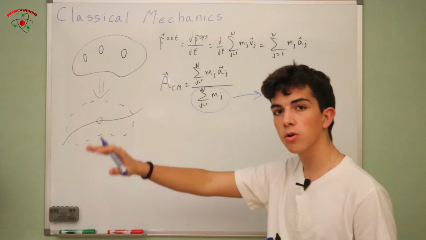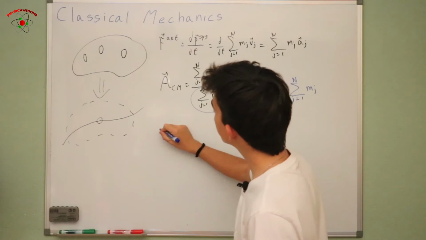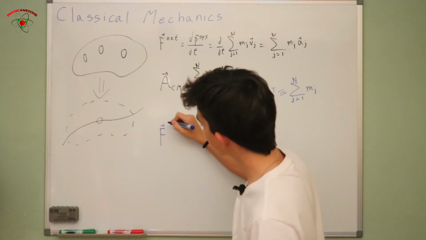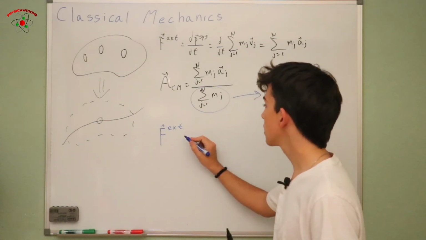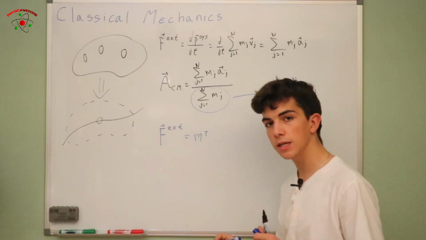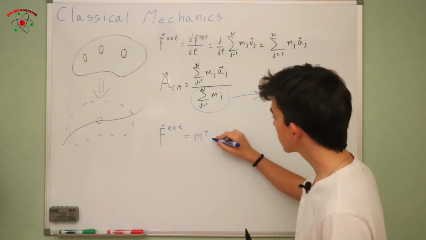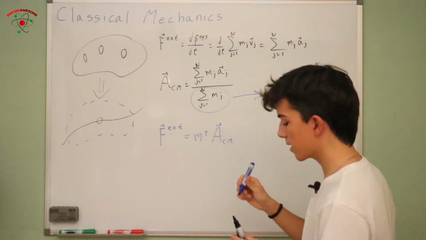And we see that we have arrived to a final expression. All the work we have done has taken us here, and we see that the external force applied on our system of particles equals the total mass mt times the acceleration of the center of mass.